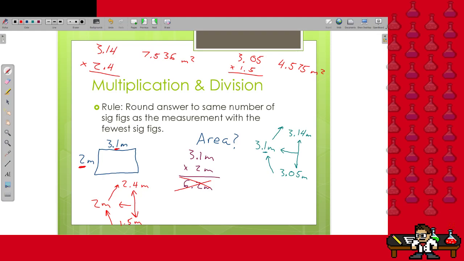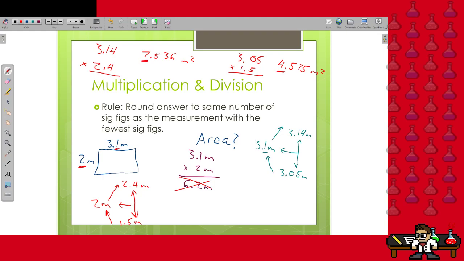Now, because this is such a huge array of numbers, we don't have very much certainty about this number. Because we have this 7.5 and this 4.5, we can't give a number that is more certain than we are about this.